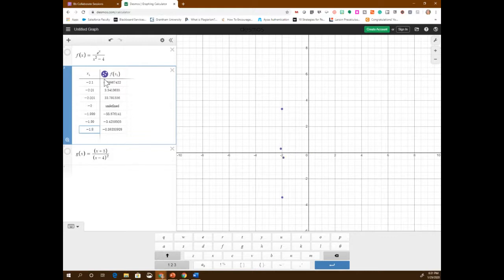So I can just shift those numbers. And now I've got different numbers here, and actually we have undefined as one of them because that means we're dividing by 0, which we can't do. So I've shifted over my table.